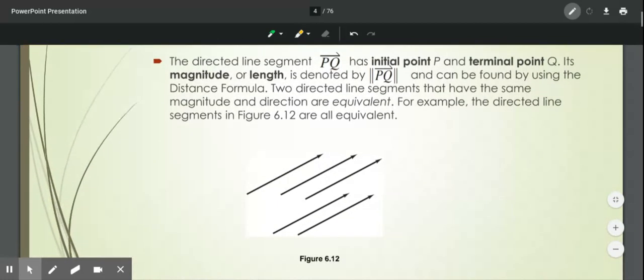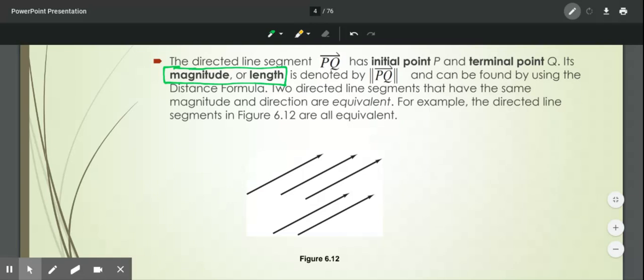These five vectors right here are all equivalent vectors because they all have the same magnitude. When they talk about the magnitude of a vector, that's just the length of the vector. These vectors all have the exact same length, and they all have the same direction.